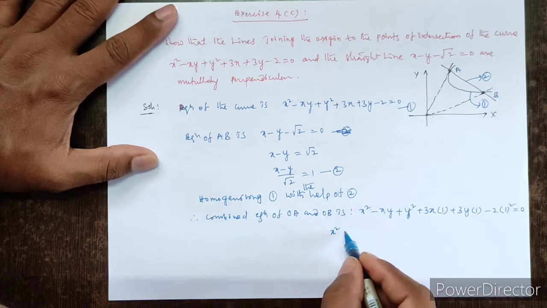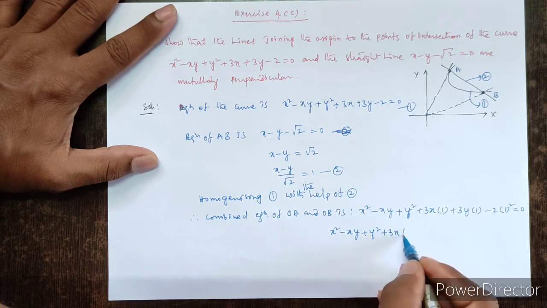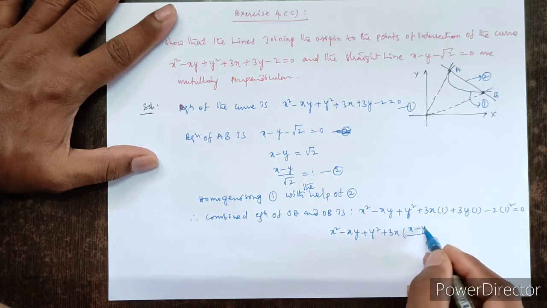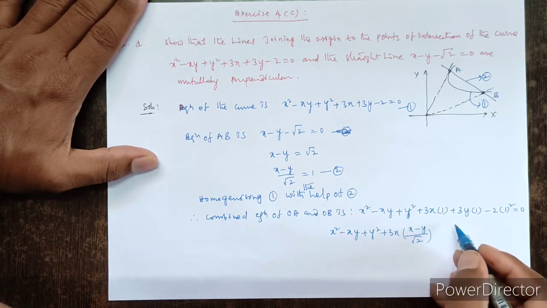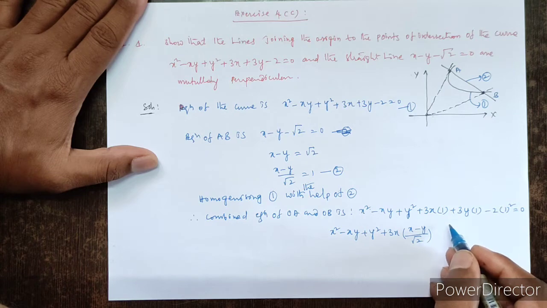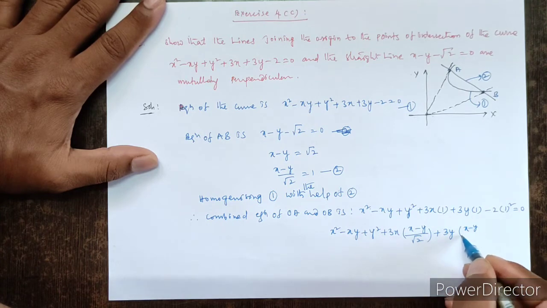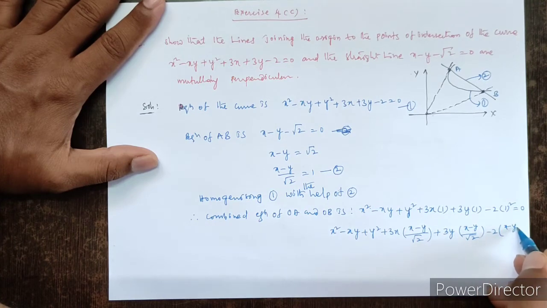So x square minus xy plus y square plus 3x into, what is the value of 1? x minus y by root 2, plus 3y into x minus y by root 2, minus 2 into x minus y by root 2 whole square equal to 0.